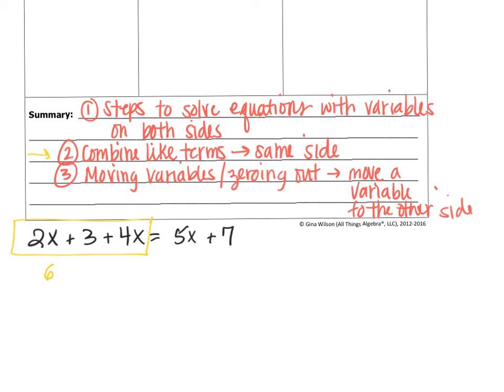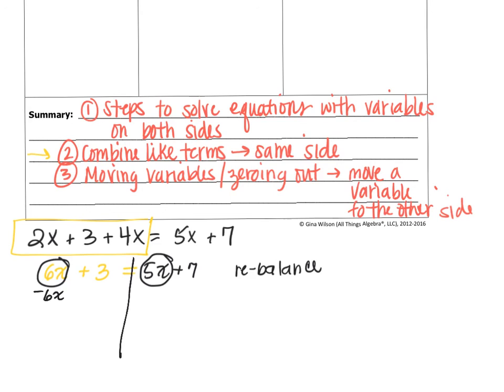You are combining those to make a simpler expression on that left side. Now, when you're trying to take a variable from one side to the other and rebalance so that your x's are all on one side, that's when you are zeroing it out to shift it from the left side of the equation or the balance to the right side of the equation.